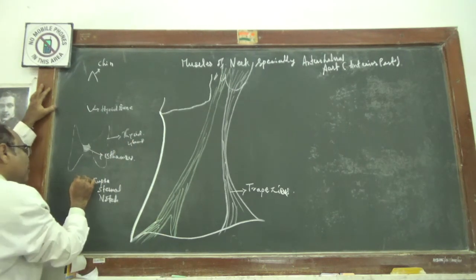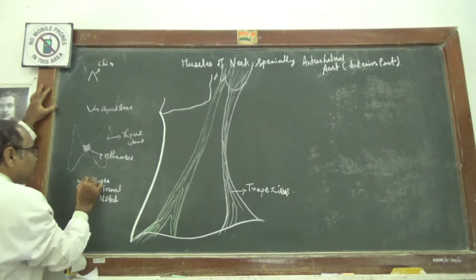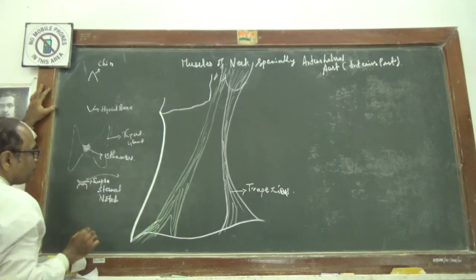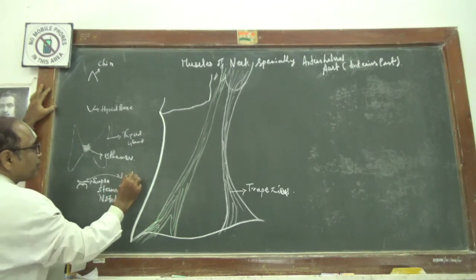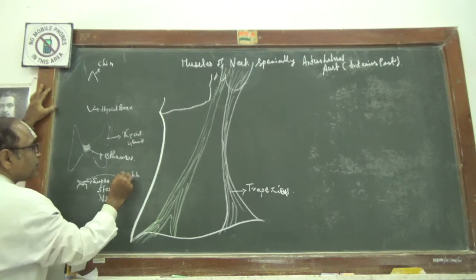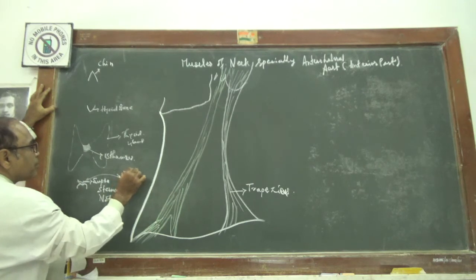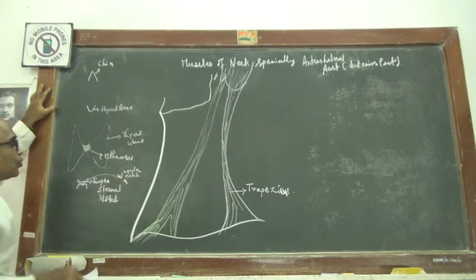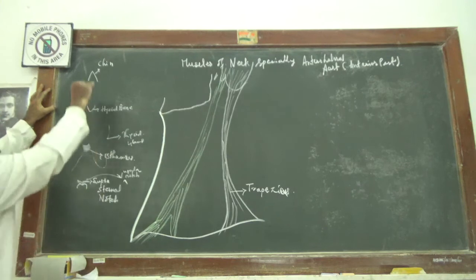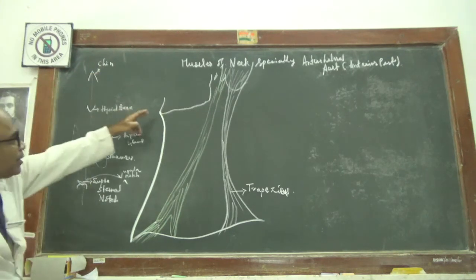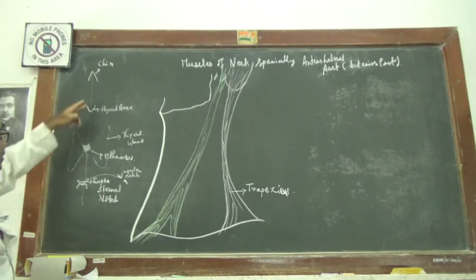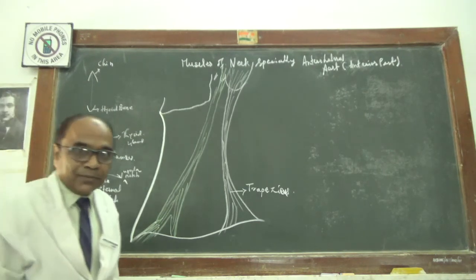Then here you have the jugular notch. So these are all the midline structures. You should know they are there in the anterior median plane.